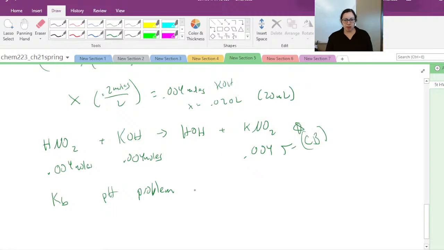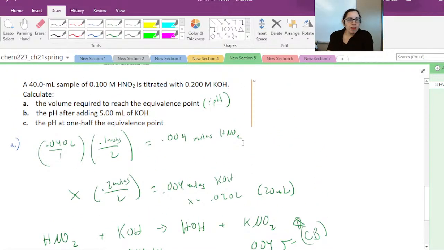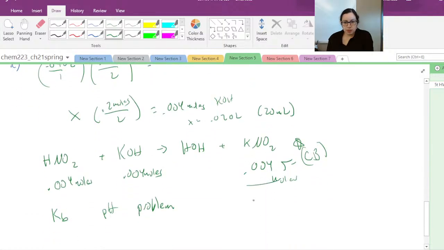And so, right, let's calculate our new molarity. So this was moles of our potassium nitrite. And so what's our new molarity? So 40 mils plus 20 mils, so 60 divided by 0.06.